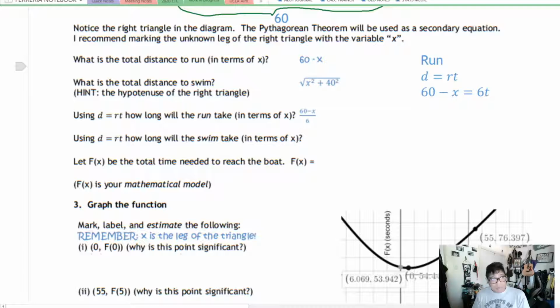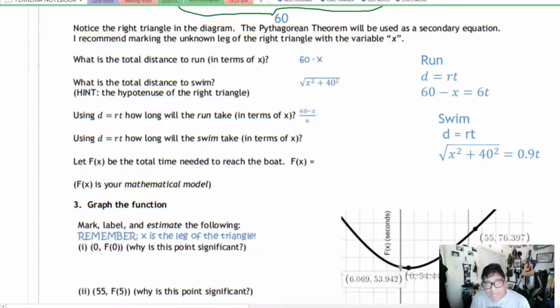Now let's do the same thing for swimming. If we're swimming and distance is again equal to rate times time, then we get that the square root of x squared plus 40 squared is equal to 0.9t. Again, the speed that we're swimming is 0.9 meters per second. Which means that the time, how long we're going to swim, is the square root of x squared plus 40 squared over 0.9.